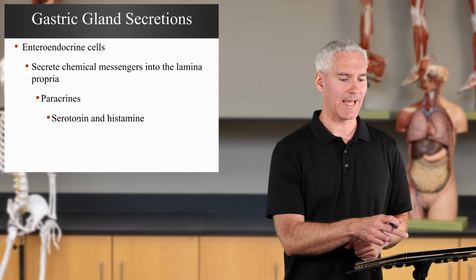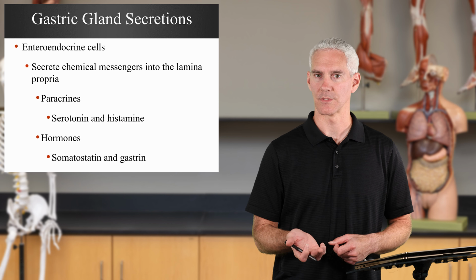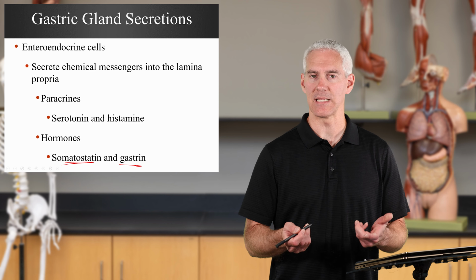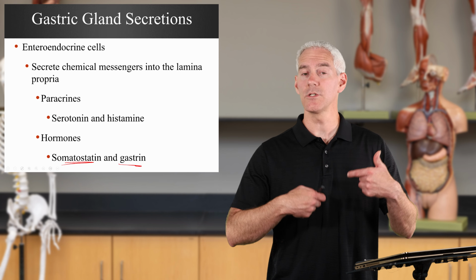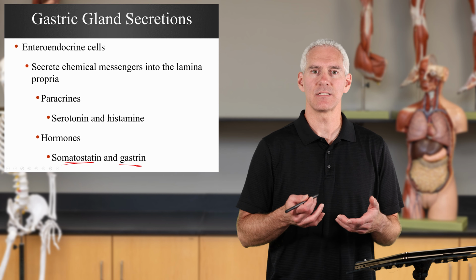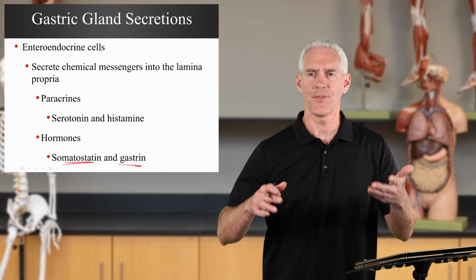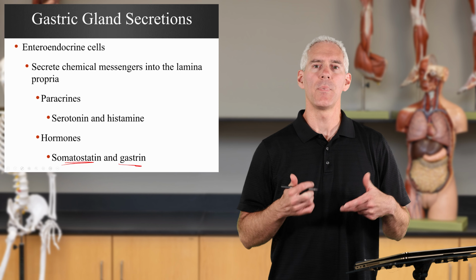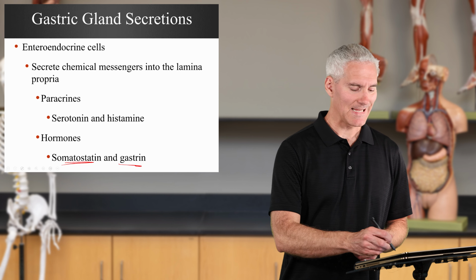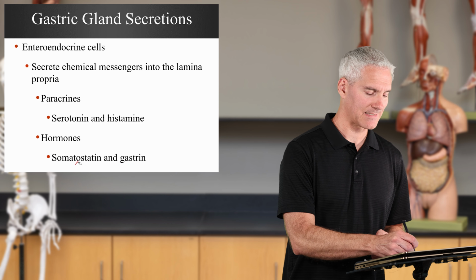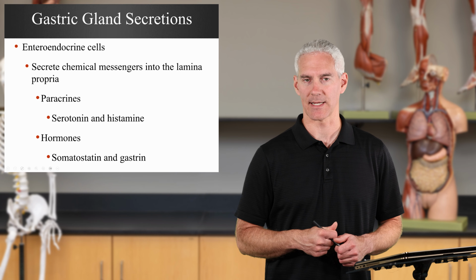But the second aspect here is hormones. You're going to have gastrin and somatostatin being produced. They will go into the bloodstream, and because with hormones you can't pick and choose where you travel in the blood, they're going to go head to foot. But their purpose in the bloodstream is to stimulate and help to control other aspects in the actual GI tract.